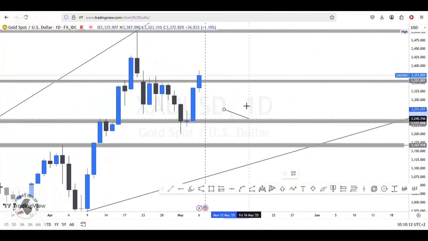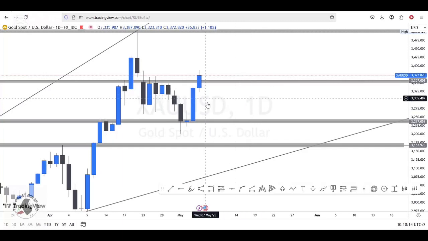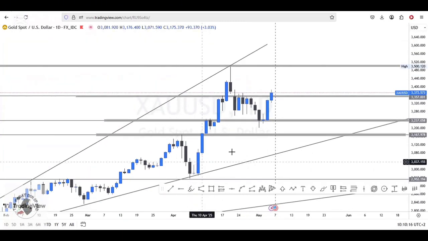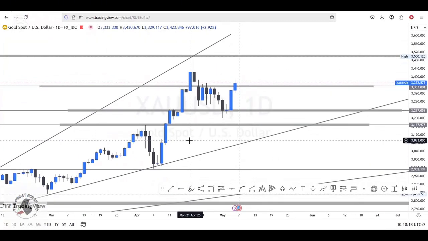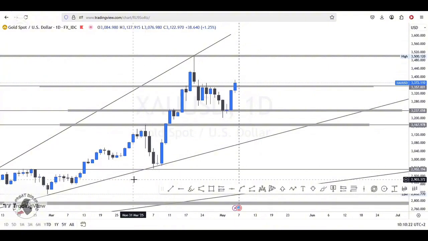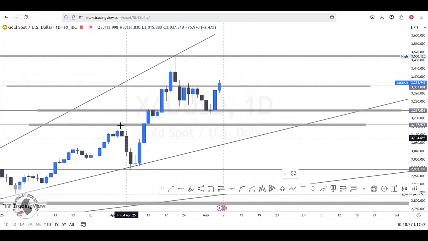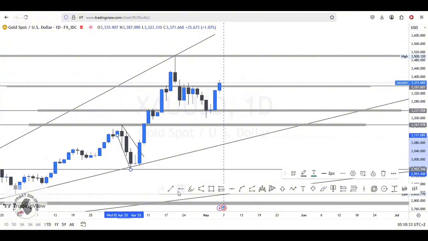Okay, what is happening on gold is that, okay, this is nice. Gold has been moving with an impulse and correction. You understand? Impulsive move and correction. So here it started with a correction. If you don't know about impulsive movement and correction, just make sure to DM me using the numbers on the description of this video.